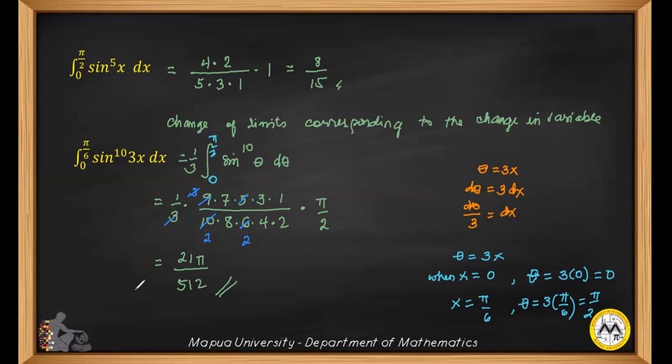Therefore, the integral of sine to the 10th of 3x dx from 0 to pi over 6 is 21 pi over 512.